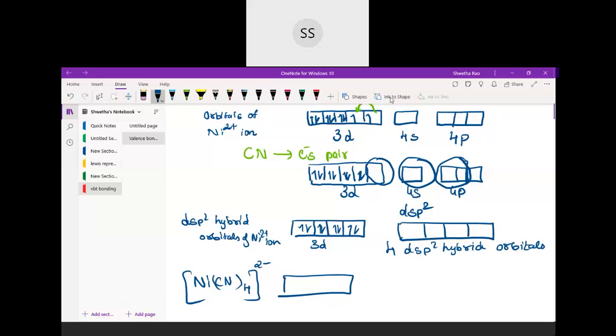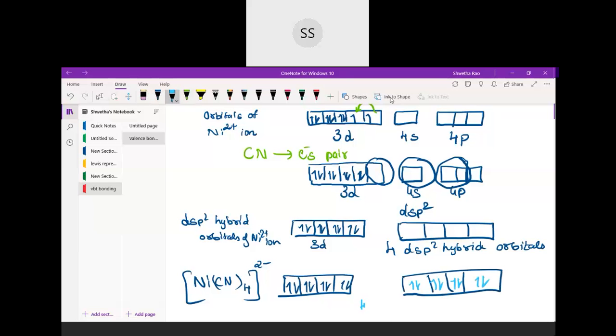So for that you can directly write the complex, that is [Ni(CN)4]2-. These you draw as it is, the 3d orbitals having 4 pairs. Then I will come to the orbitals which we have hybridized. There the ligands will come and occupy. So I will put the electron pairs of the ligand, 2 electrons from each ligand.